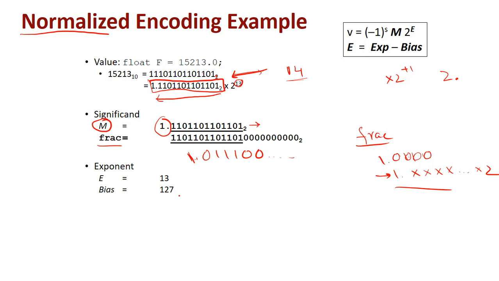For an 8-bit exponent field, we know that the value of the bias is 127, and here the exponent is 13. Now we can calculate the exponent field using this formula: it will be e plus bias, which is 13 plus 127, and we end up with 140.